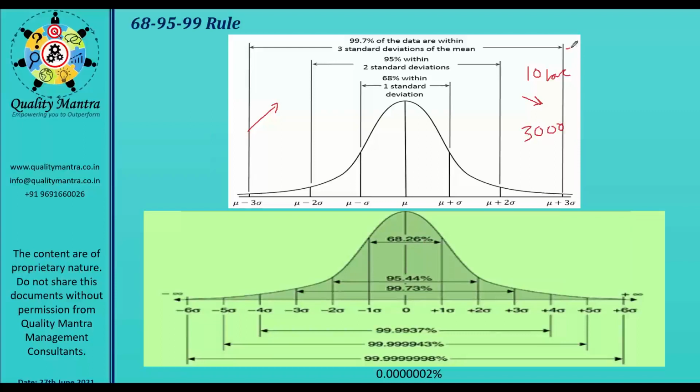If this is the runway, you are saying that if you operate at plus minus 3 sigma, you are allowing these 3,000 times going out of the runway. Can you just imagine 3,000 times aeroplanes going out of the runway? What will happen? So you cannot run it here.